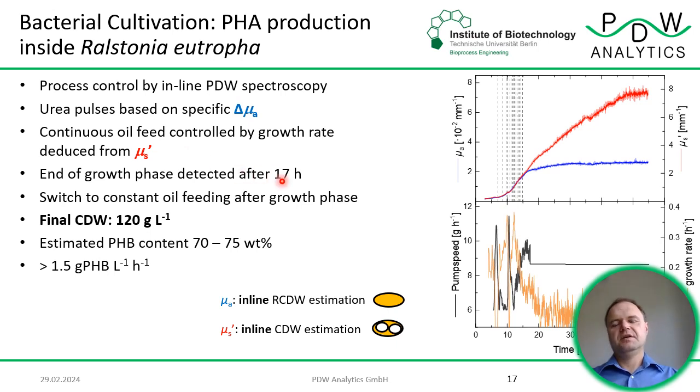And by this, actually process time can be shortened, and also very high cell dry weight concentrations of 120 gram per liter can be obtained with a very nice PHA content and a high yield.